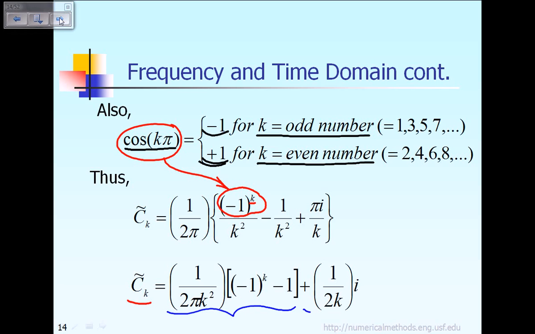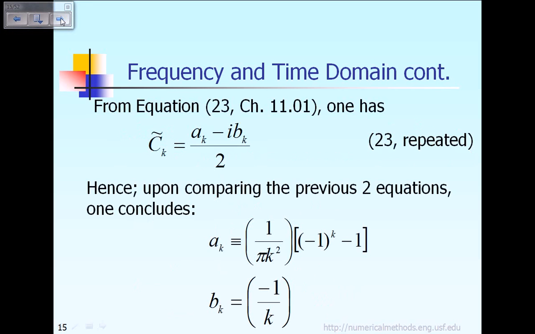The second portion is associated with the imaginary part of c tilde k. Now, according to the definition of c tilde k that I discussed with you a few lectures ago, the definition is given by equation 23, which I repeat here.